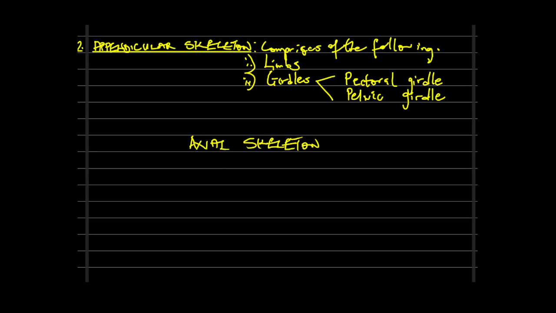We want to start by discussing what the skull is. The skull is the human head bone. The bone in the head is what we refer to as the skull. The skull is divided into three.